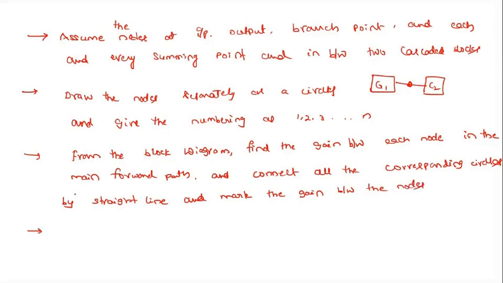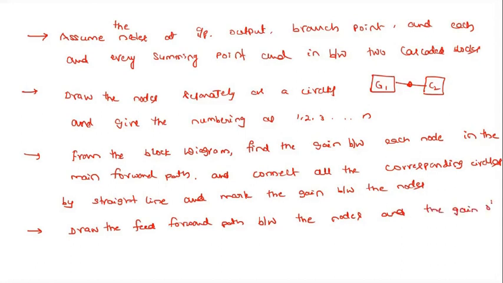Now the next point is draw the feed forward paths between the various nodes and mark the gain of the feed forward path.